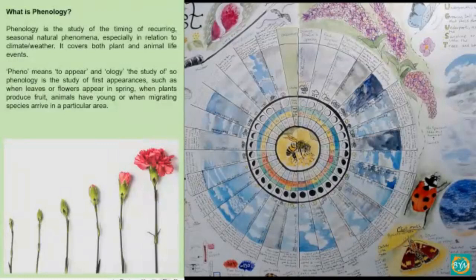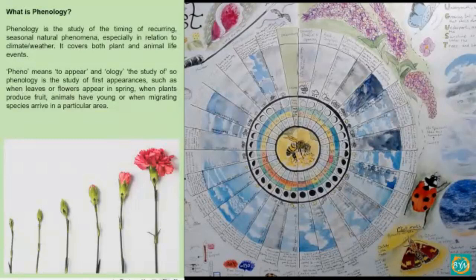So first of all then, what is phenology? It's a fancy word, sounds impressive, but basically, phenology is the study of the timing of reoccurring seasonal natural phenomena, especially in relation to climate and weather, and it can cover both plant and animal life events.